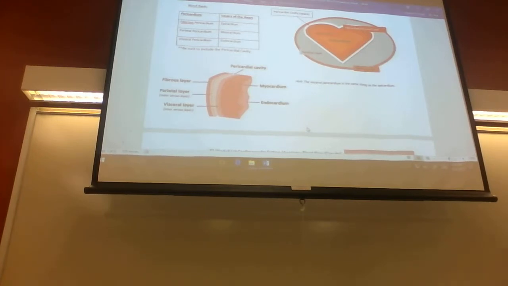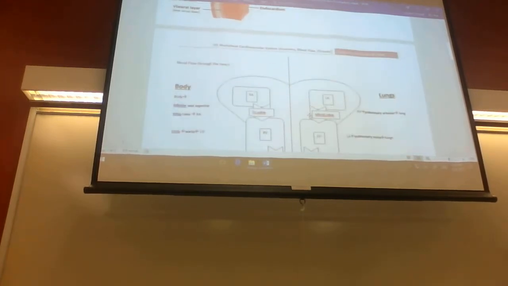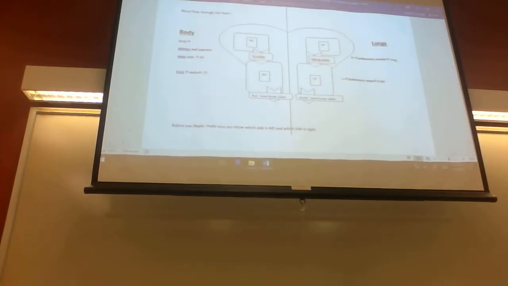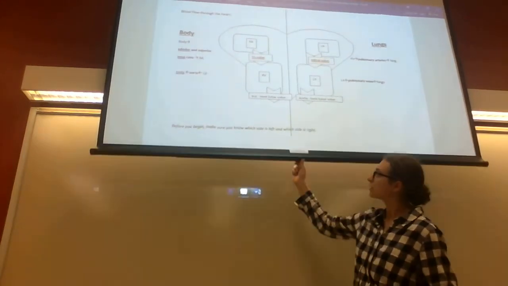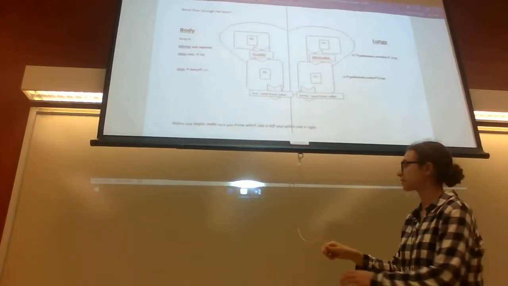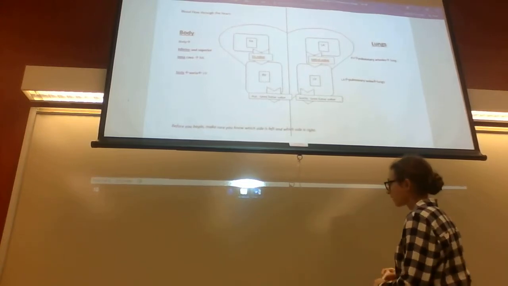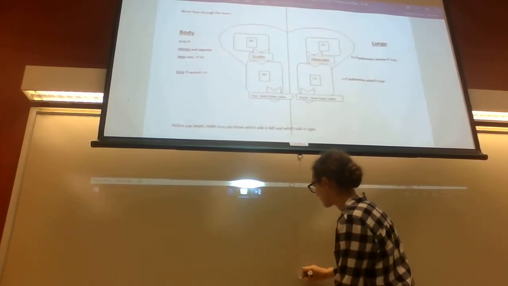The next thing we're going to review is blood flow through the heart. The diagram looks like this because I had a hard time finding something that wouldn't. So first things first, you have your heart.